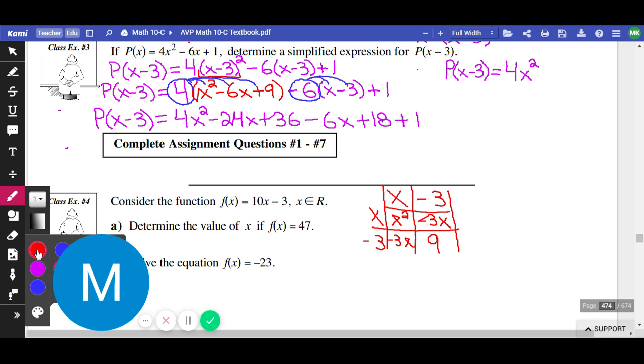My next thing would be my x's need to be combined. So I have negative 24x minus 6x would be negative 30x. And then I have plus 36, plus 18, plus 1. You're going to combine all of those. You're going to get 55. Your final answer would be this equation here.